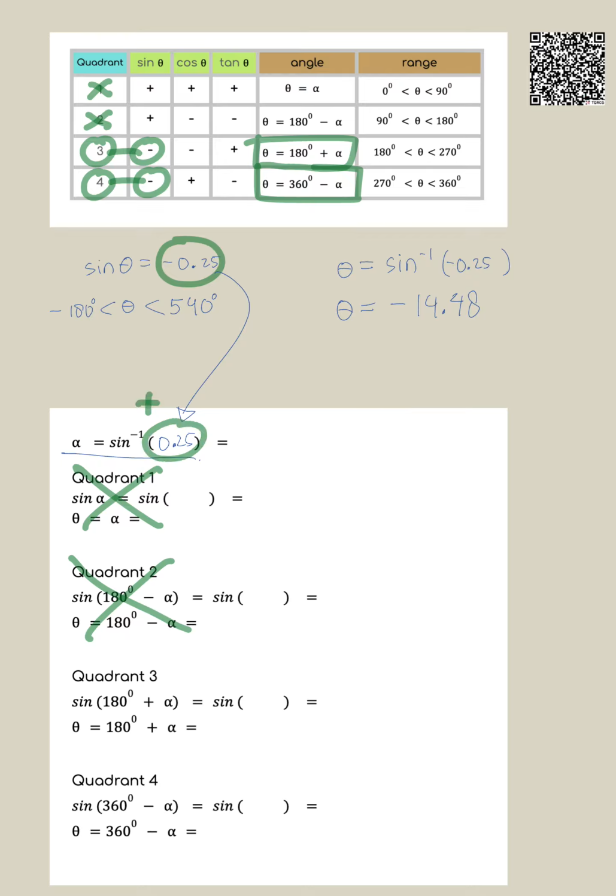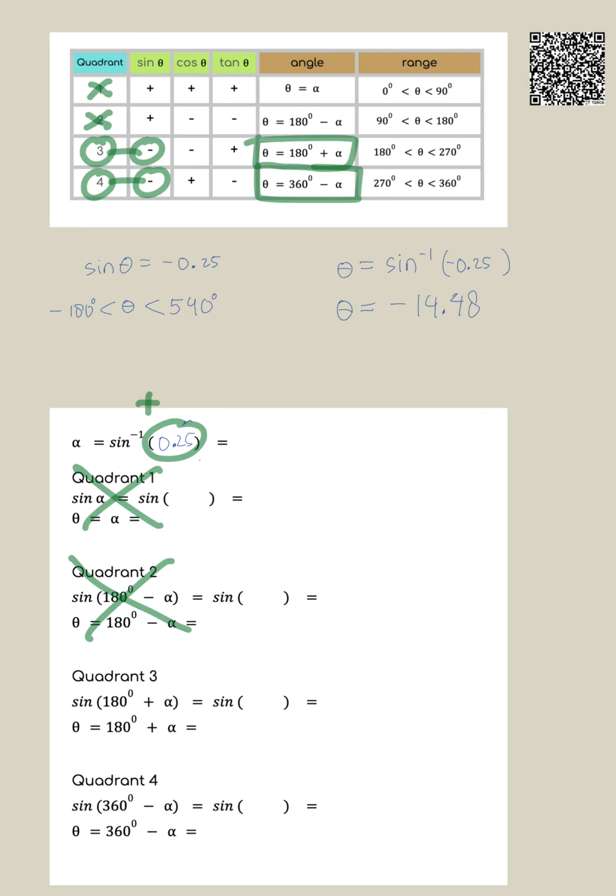The reason? Because alpha is between 0 to 90 degrees. So alpha is not our answer. Alpha is a basic angle that we use to find our correct answer. Alpha itself is not the answer. So we put the positive number, the one that is between 0 and 90.